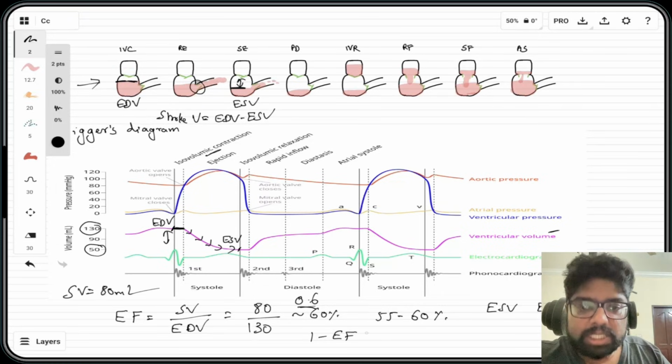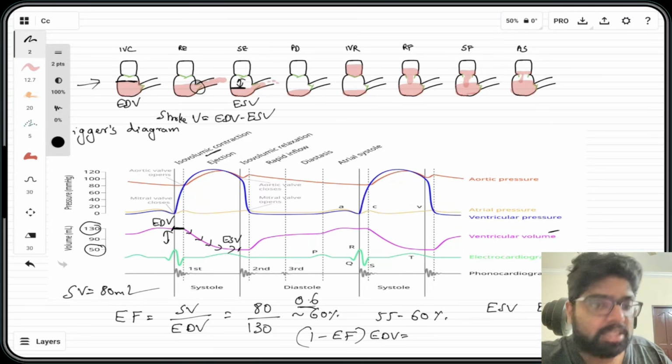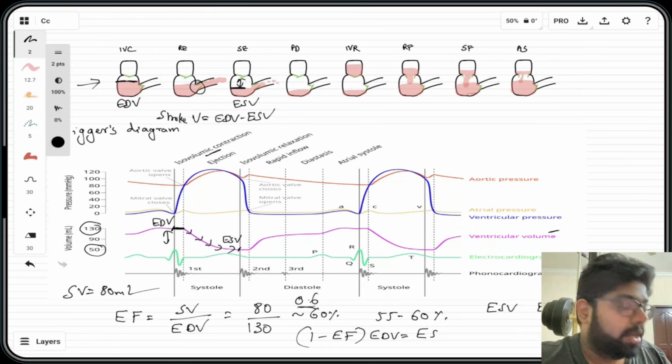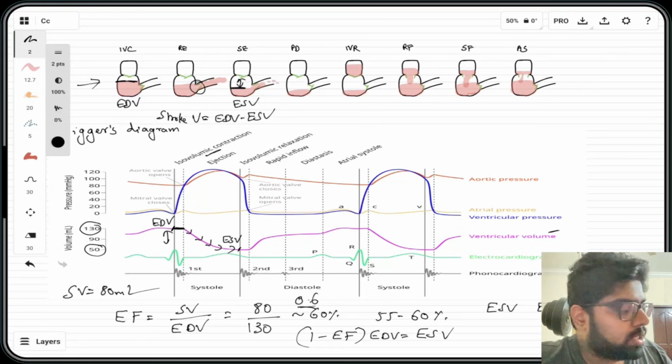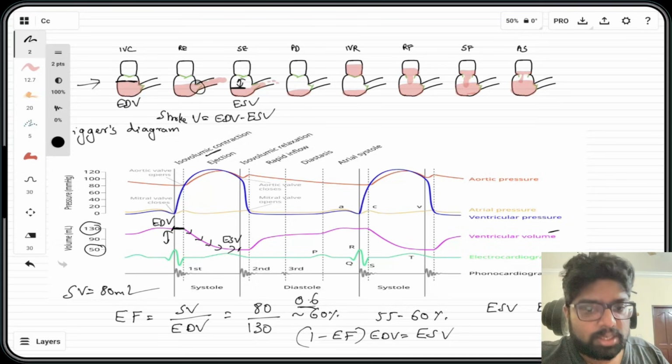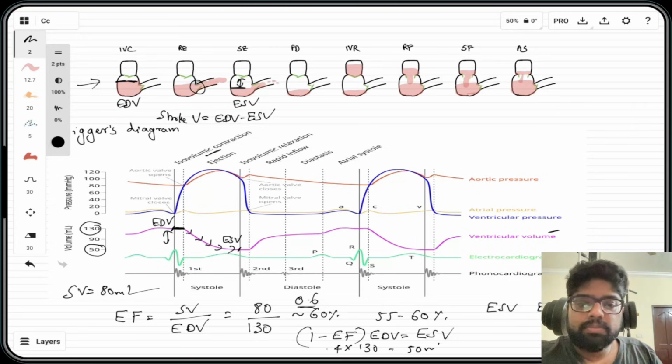So 1 minus ejection fraction into the end diastolic volume will give you the remaining amount of blood that is present inside the ventricle after systole, which is basically the end systolic volume. Okay. So in this case, 1 minus ejection fraction would be 0.4 into 130, that will come to around 50 ml.